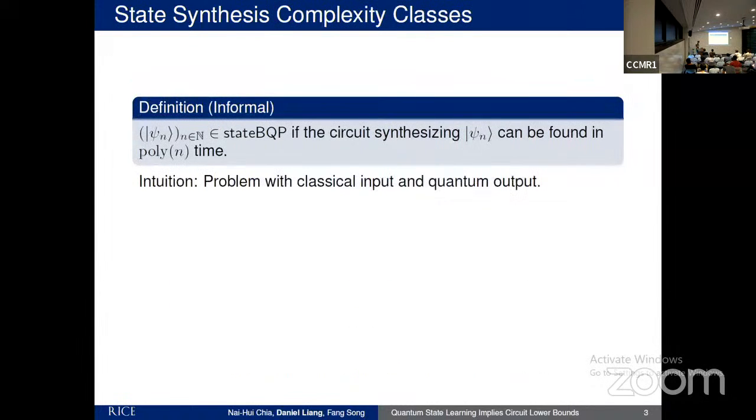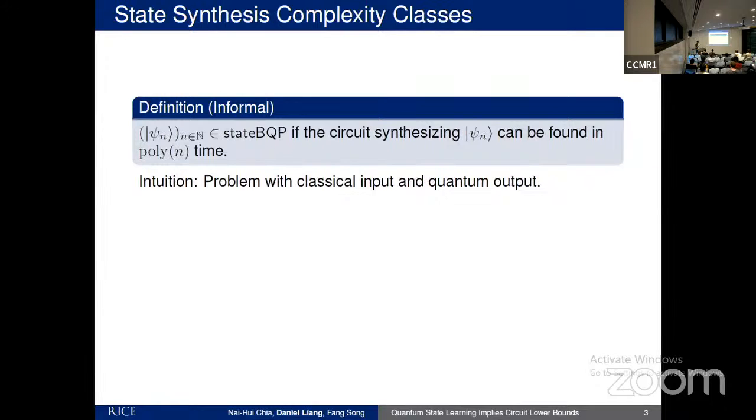Okay. And we can take this a step further. So now we have a notion of time, we can introduce notions of complexity classes. So you're probably familiar with P and NP and BQP if you're at this conference. So something you can define is this class called state BQP. It's basically the set of all of these kind of state sequences that you can produce in polynomial time.